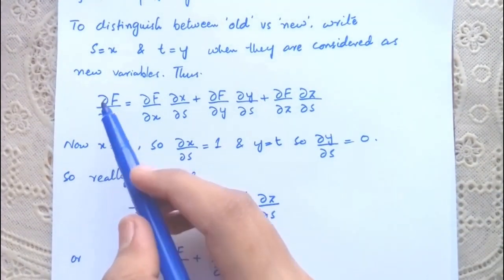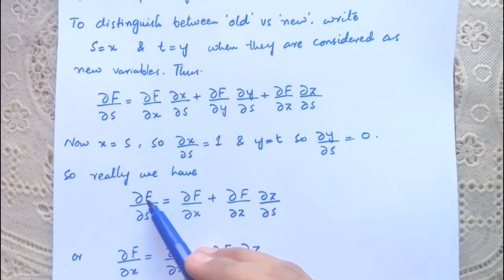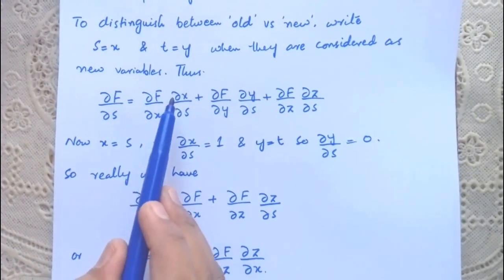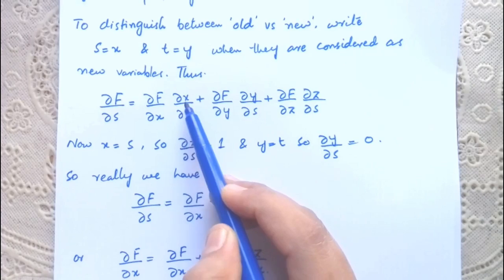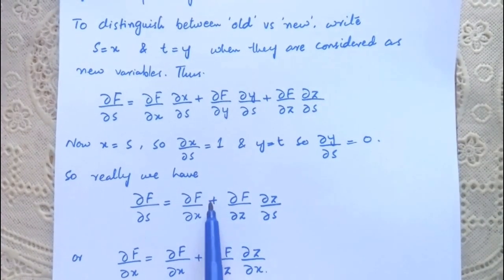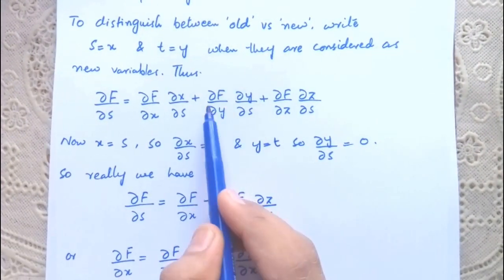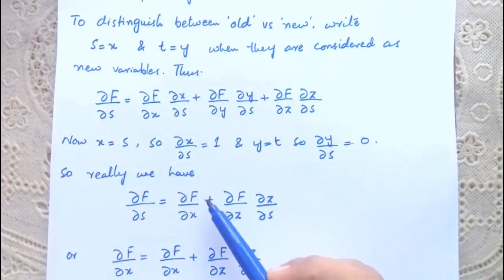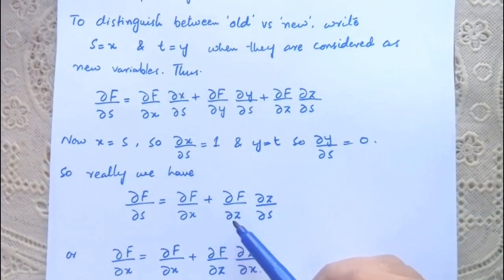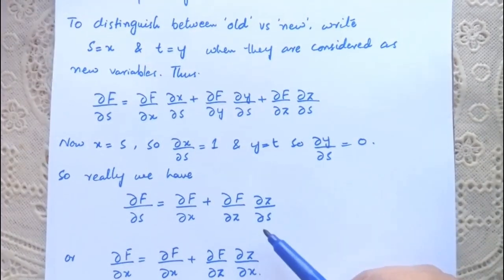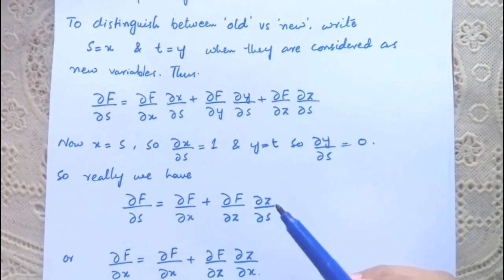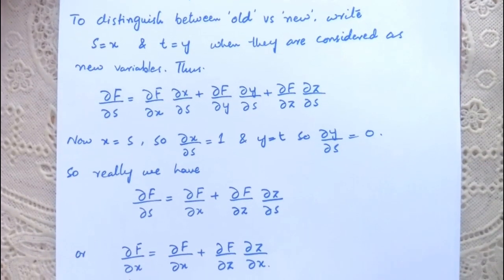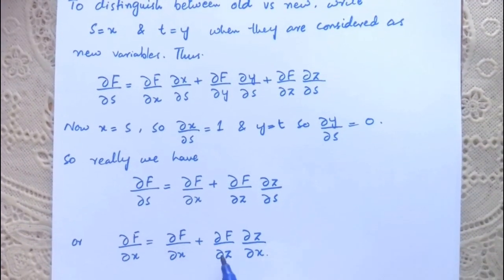So we have df over ds is equal to df over dx times dx over ds, which is 1, plus 0, because partial of y with respect to x is equal to 0, plus partial of f with respect to z times partial of z with respect to s, and s is equal to x. So partial of f with respect to x is equal to this expression.